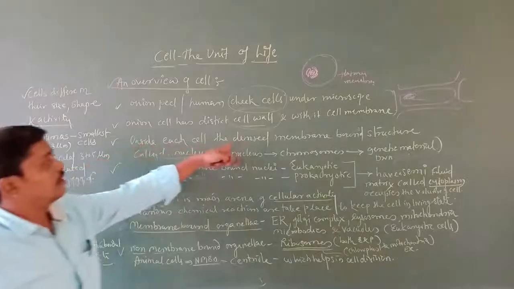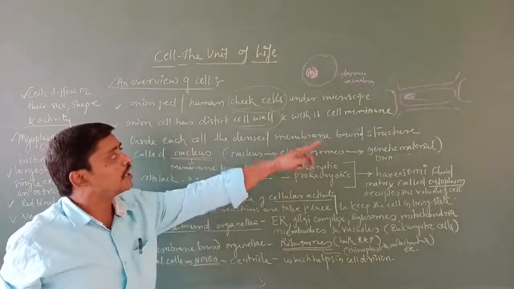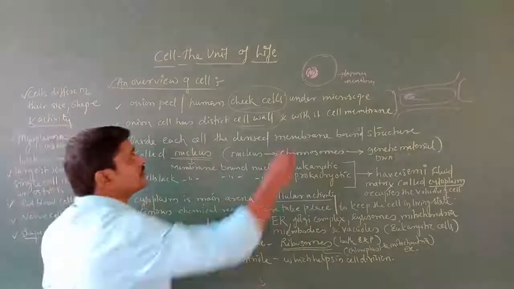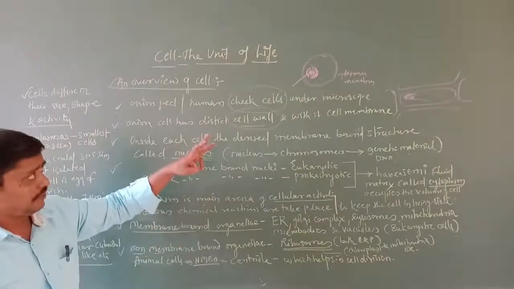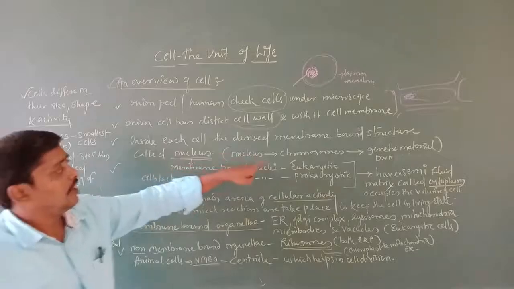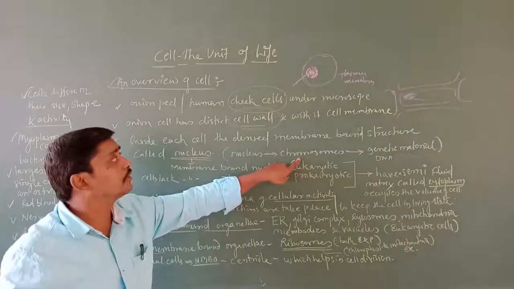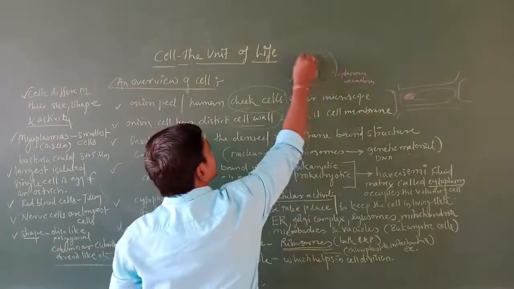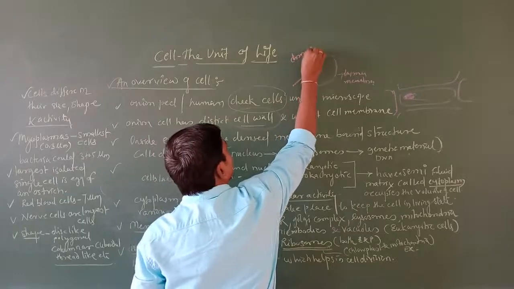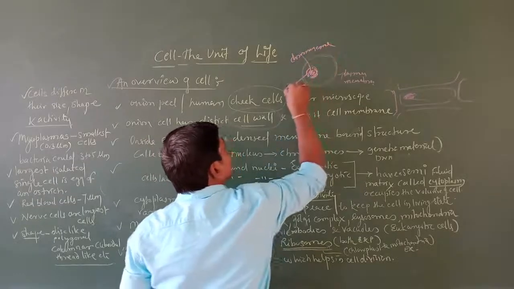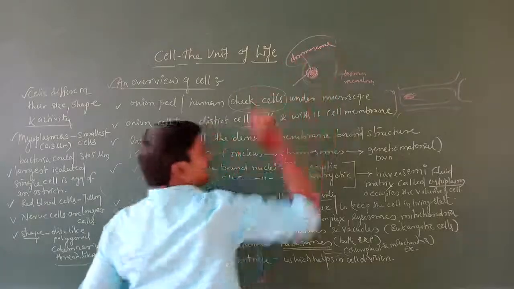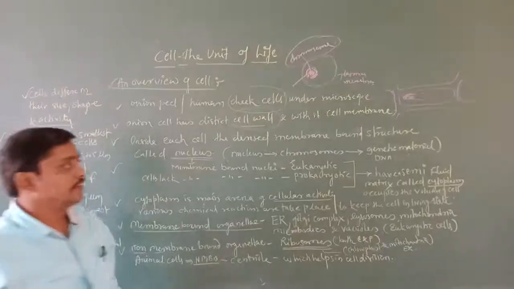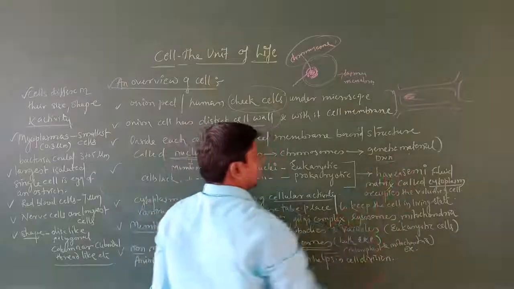Inside each cell, the dense membrane bound structure is called a nucleus, drawn here. This nucleus has chromosomes. This is the nucleus, and the chromosome has genetic material. That is what we call DNA.